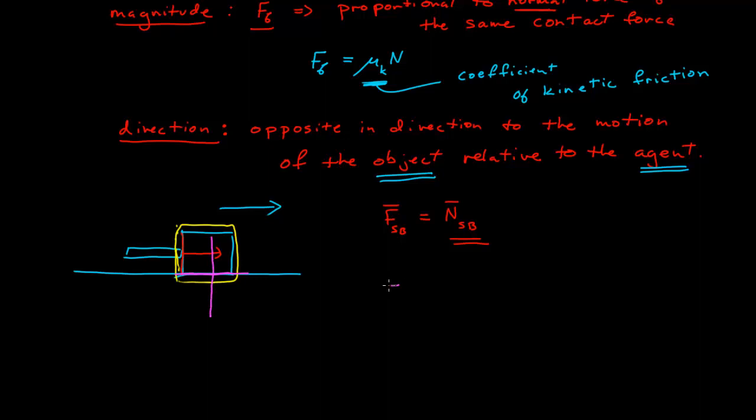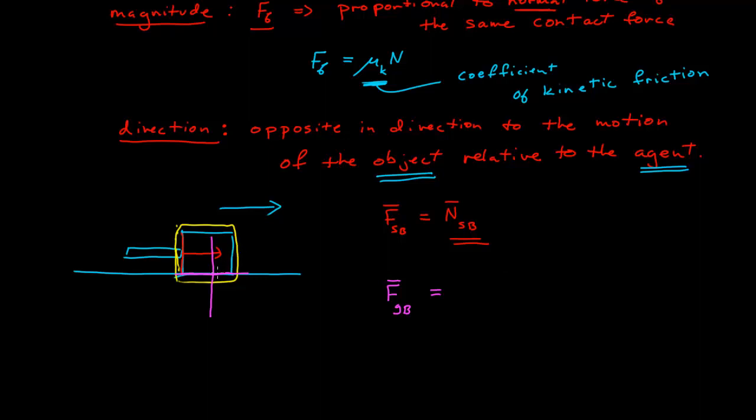So if we look for the force of the ground on the block, it's going to have two components: a normal force and a frictional force. Okay, so let's identify where those are on our figure. I'll use a different color to distinguish.